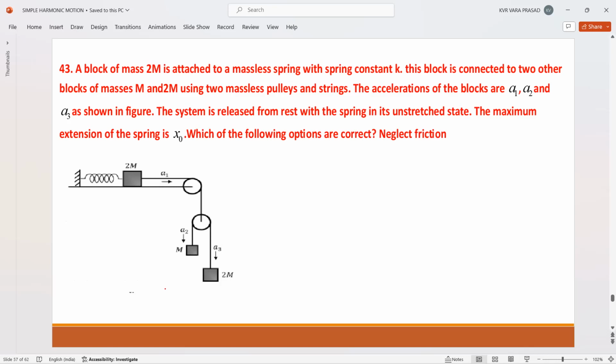The accelerations of the blocks are a1, a2 and a3 as shown in the figure. The system is released from rest with the spring in its unstretched state. The maximum extension of the spring is x0. Which of the following options are correct? Neglect friction, right?